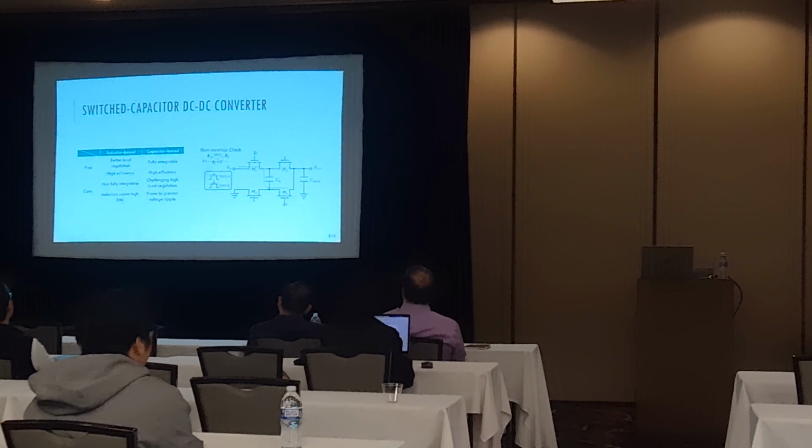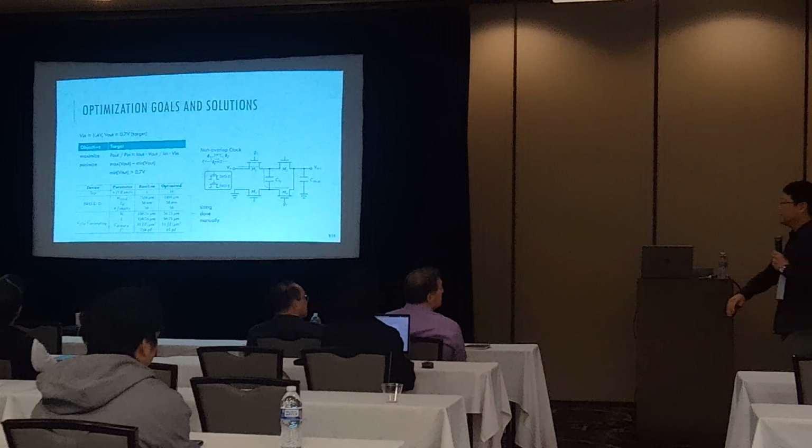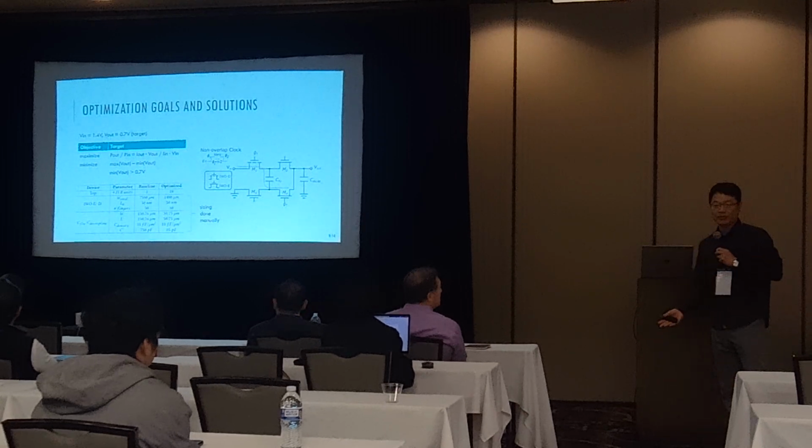The whole thing gives us the ability to scale down the voltage from 1.4 down to 0.7 for this experiment. I know some of the other chips may require a larger delta, but the experiment that we did is based on that 1.4 down to 0.7, 2-to-1 down conversion.